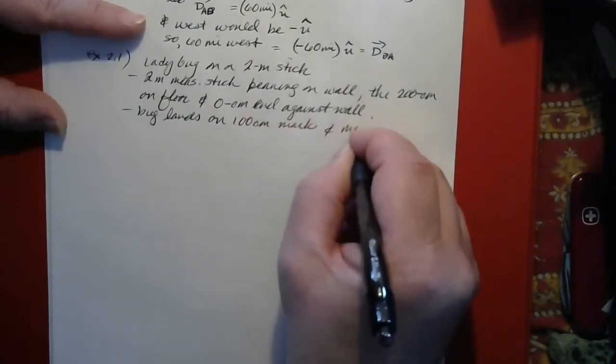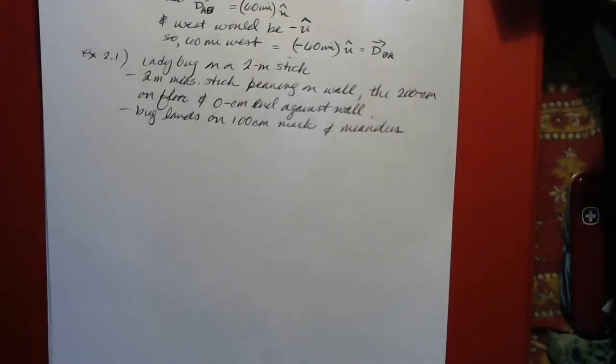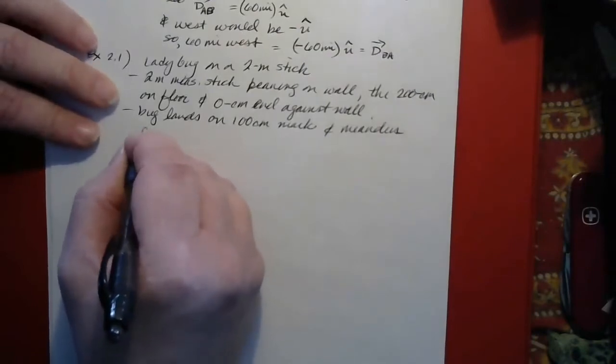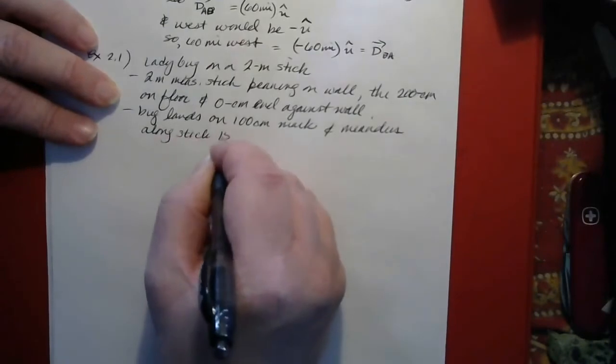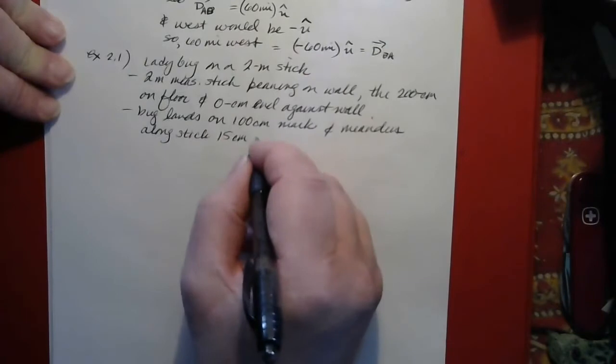And I'm going to say it meanders. The book says walks, but bugs don't really walk. They kind of meander. And so I'm going to say it meanders randomly along the stick. And it goes 15 centimeters towards the floor.